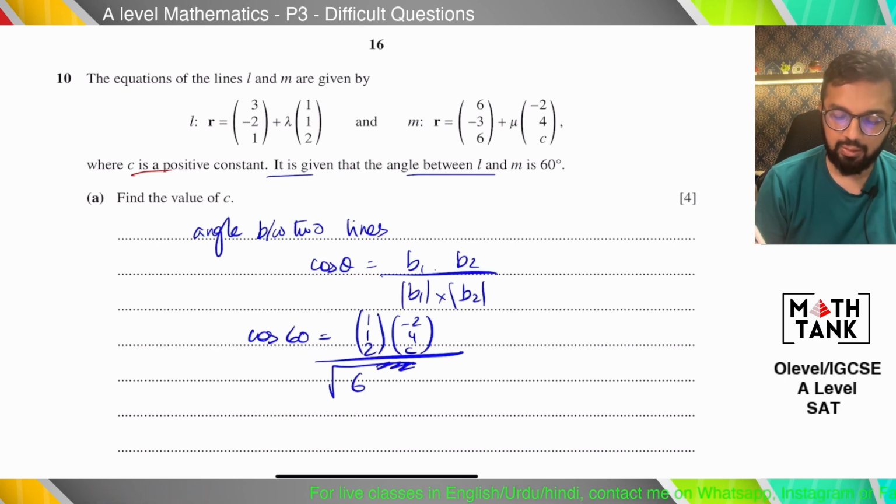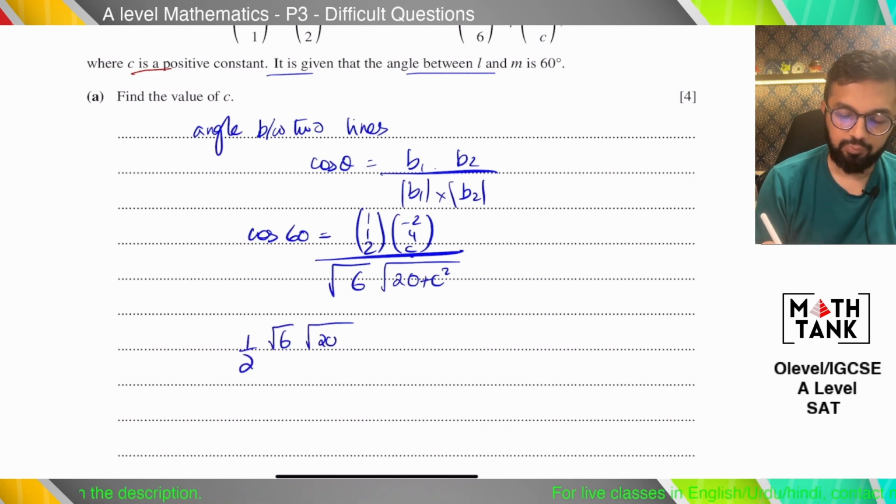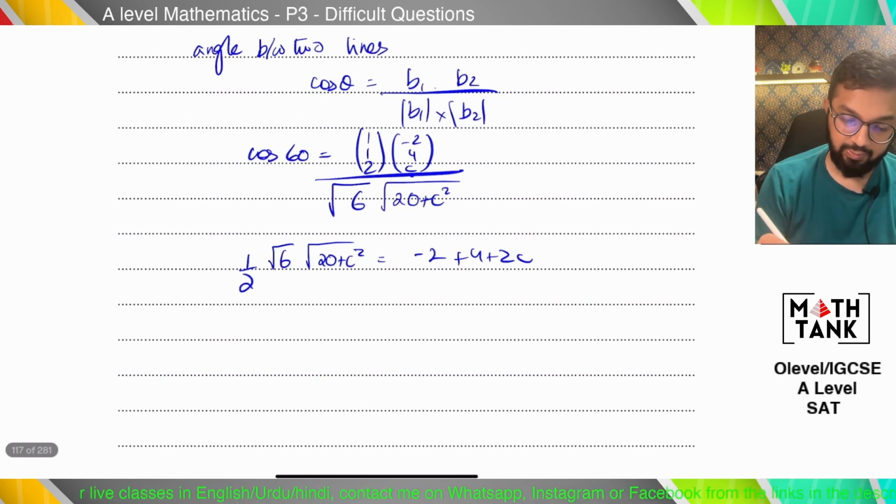That gives me 6. And this should be minus 2 square, which is 4, 4 square, which is 16, so 20 plus C squared. Cos 60 is half, and I take a dot product on the other side. I will have to square the sides.